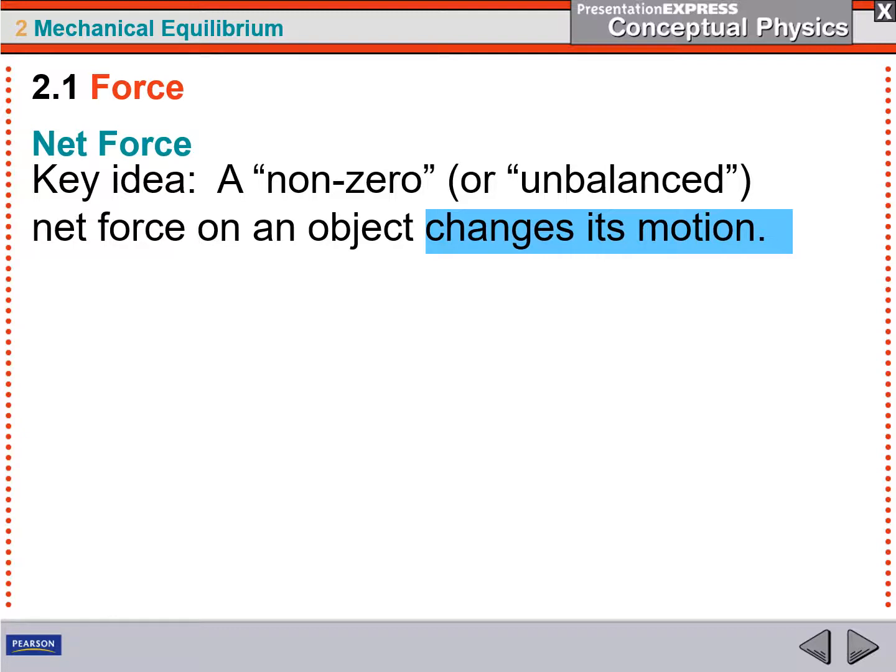It's not a force per se. Forces might be balanced, and then the object is in mechanical or some other type of equilibrium. If the forces are unbalanced, then the object changes its motion. It speeds up, slows down, turns left or right.